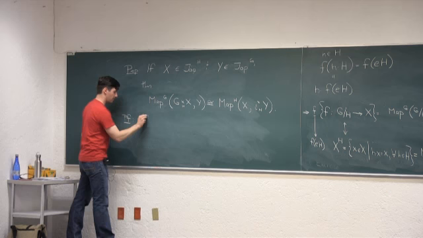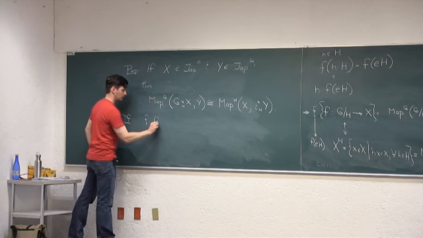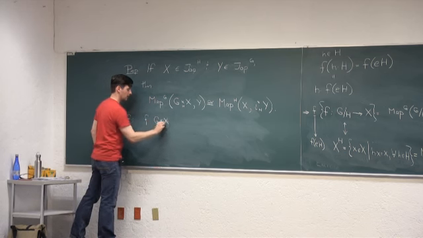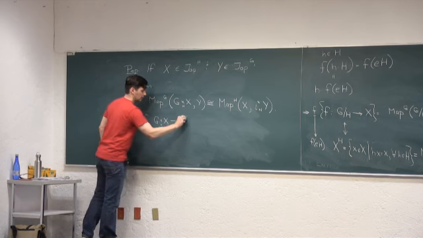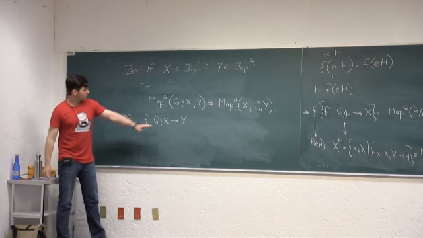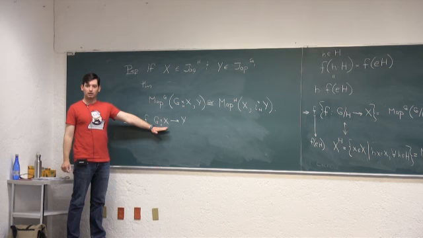So let's say I have a G map from G cross over H, X into Y. So what do points here look like?